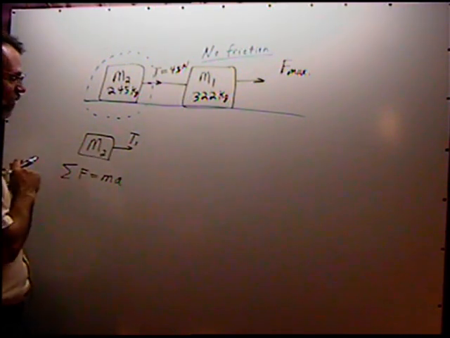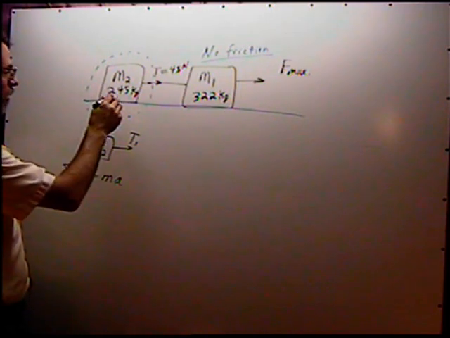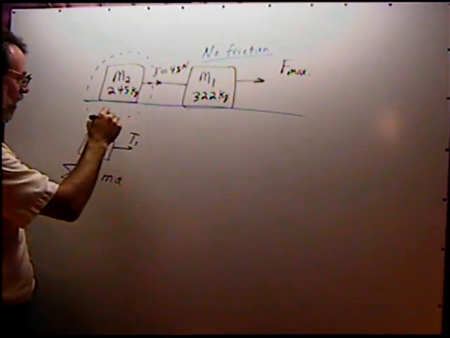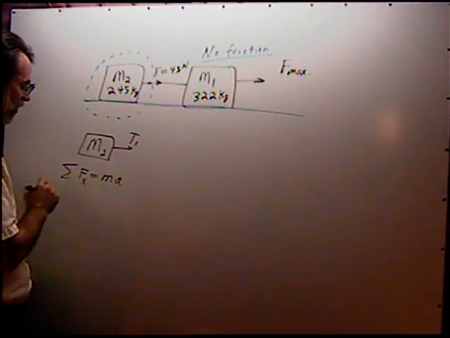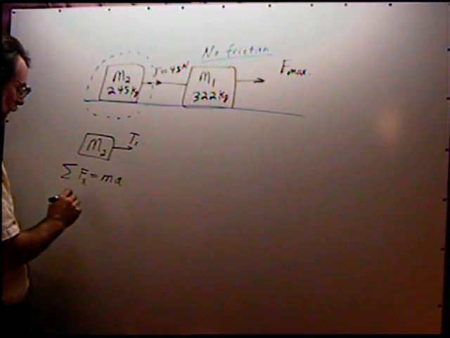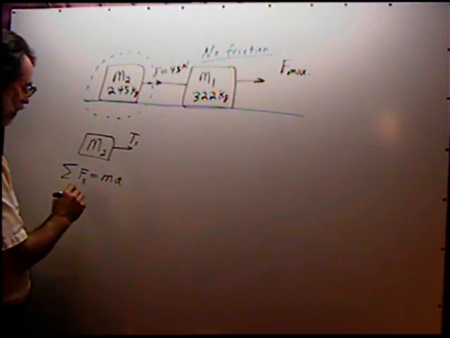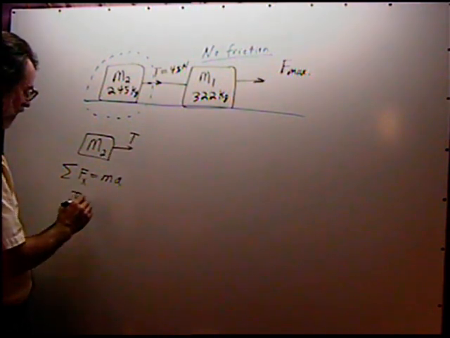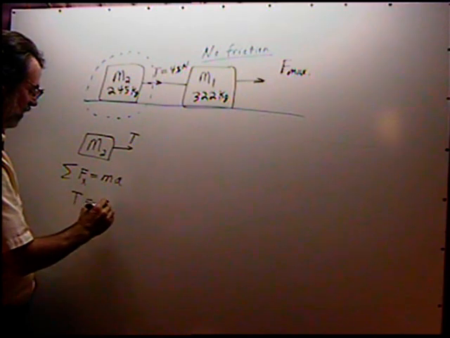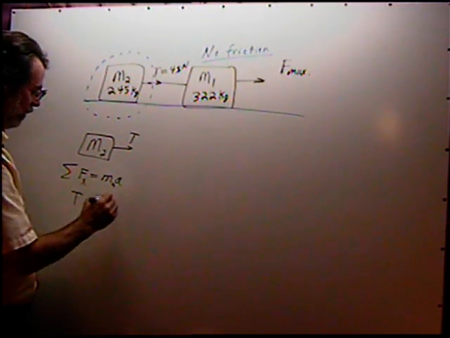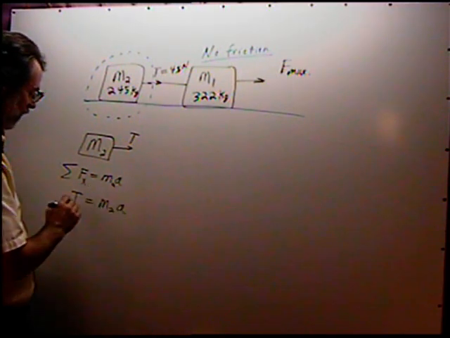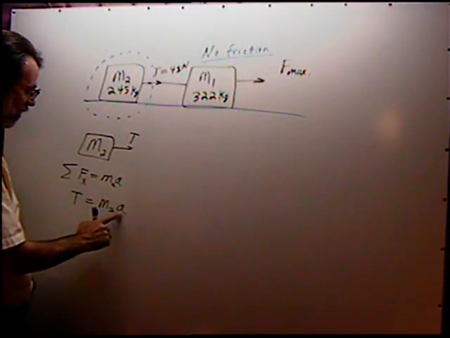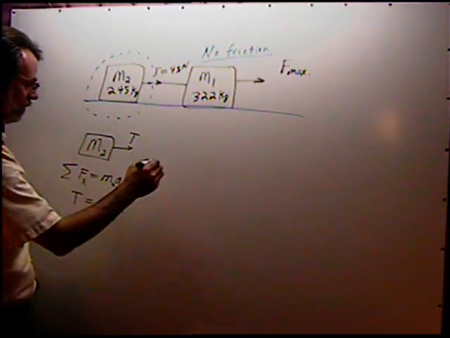Of course there's a weight acting down, but this will be the force in the x direction that we're looking at. There's a tension acting to the right, this T. So T equals mass m2 times acceleration. We know what this T is, so we can solve for the acceleration.